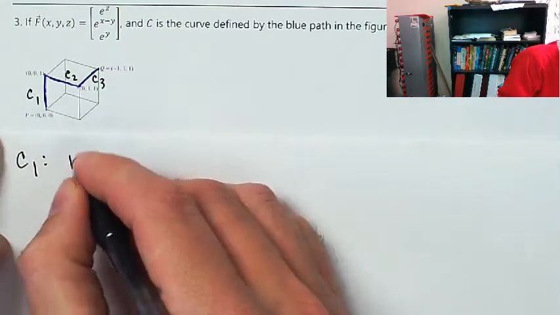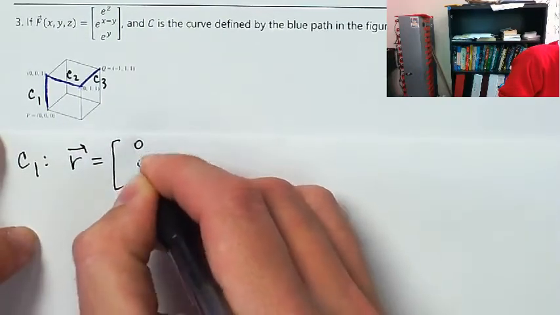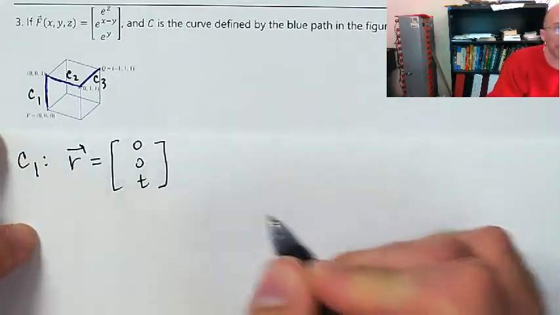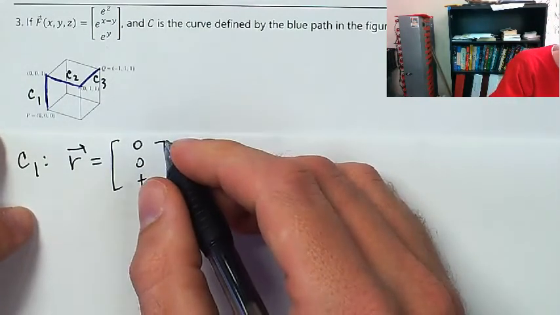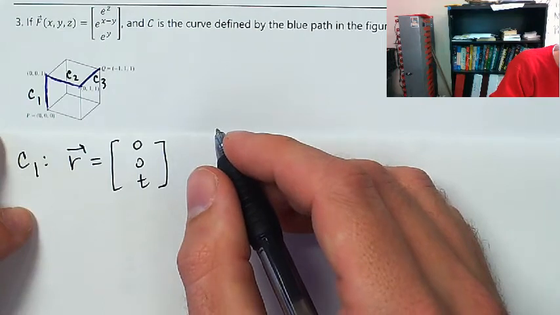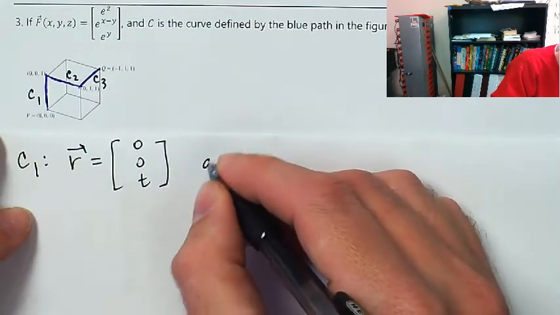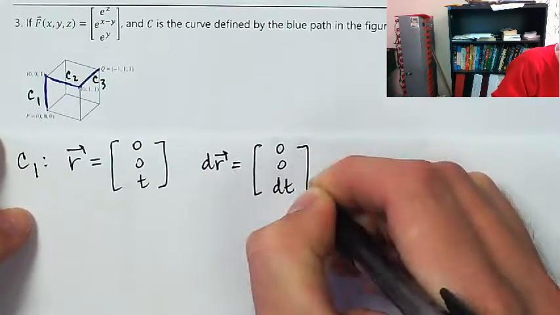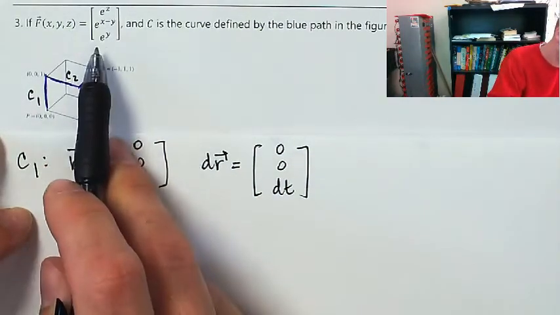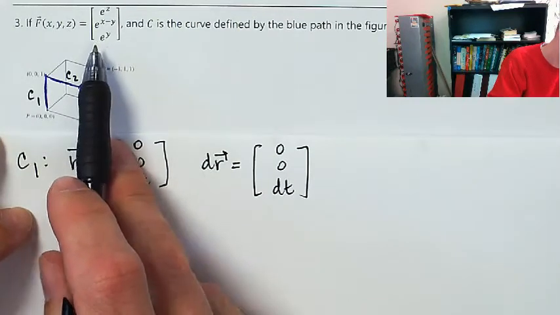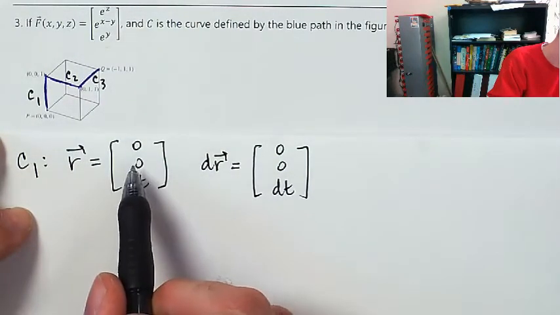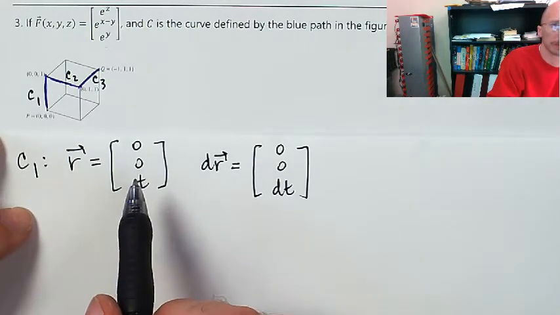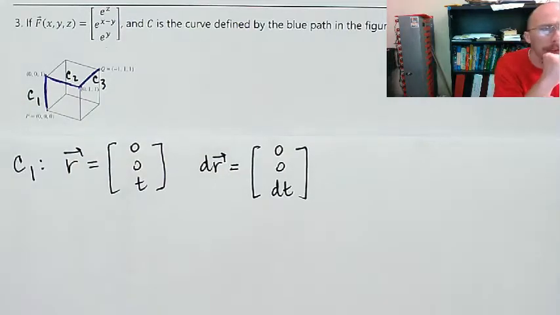On C1, x and y are both 0, and z is running from 0 to 1, so that's going to be (0, 0, t). Okay, we've got that. We've got f in terms of t. Hold on.